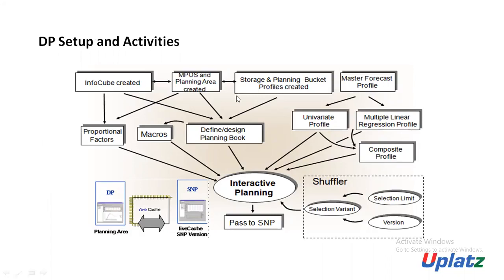Till now, from the configuration part of APO DP, I covered MPOS and planning area created, storage and planning bucket created, define and design planning book, and model and version management. Let me take an overview glance at what we covered in the last sessions from the configuration part.